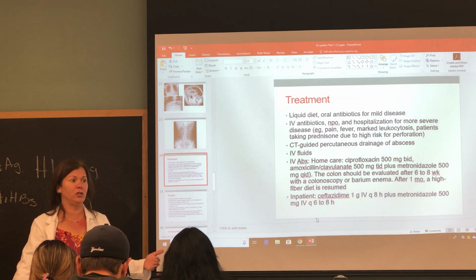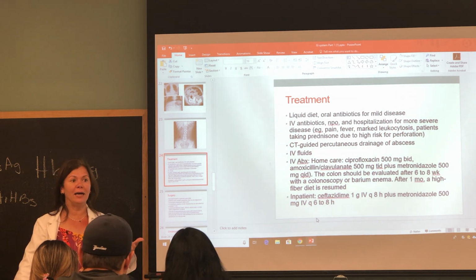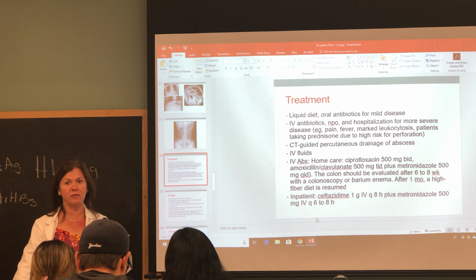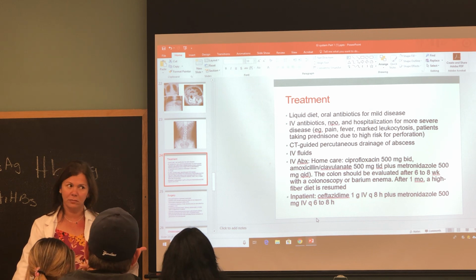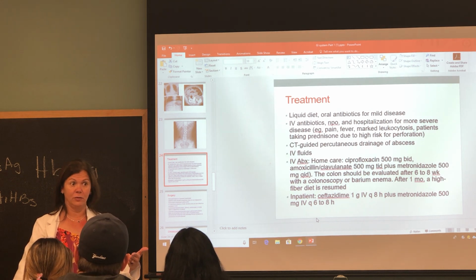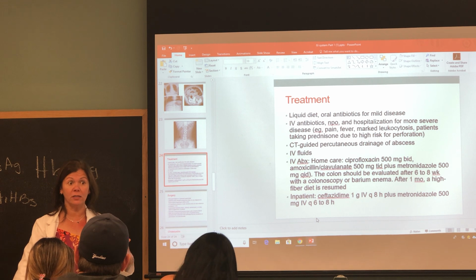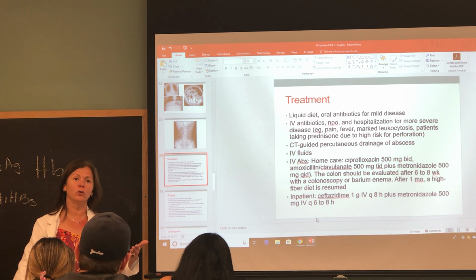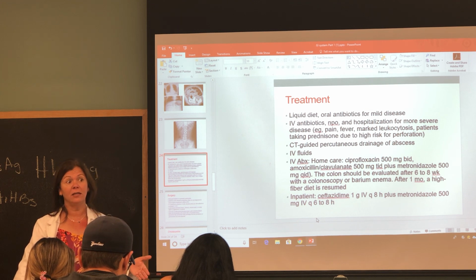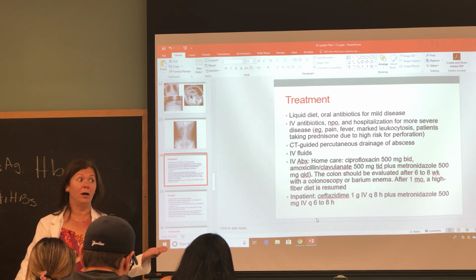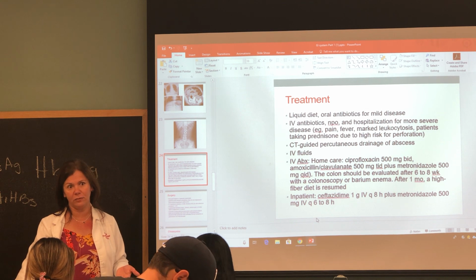For inpatient, even though the guideline says that second generation ceftazidime is acceptable, we don't do that. What we do is the second choice. The reason why they try to go slow is because of the high incidence of C. difficile colitis, that the patients can even have more complications than benefit, okay?